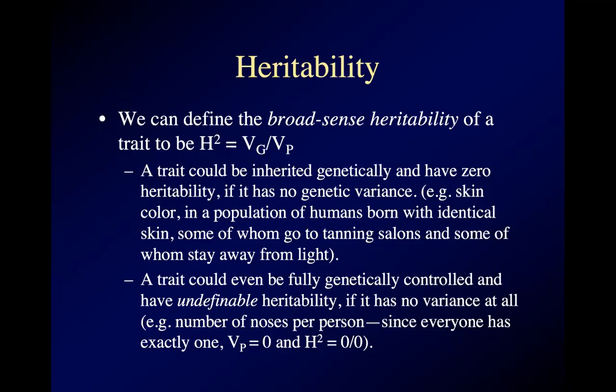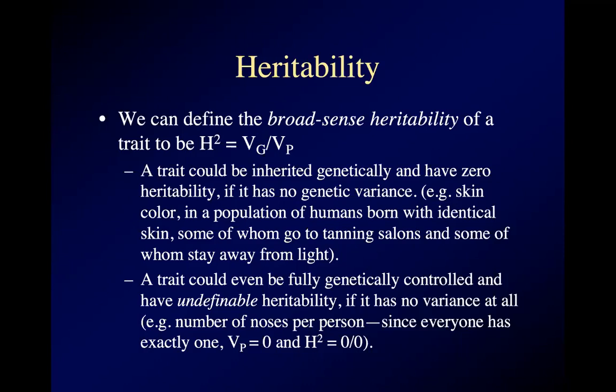We would have phenotypic variability in skin tone because some of these clones would be pale and some would be fairly dark, but we'd have no broad sense heritability because there would be no genetic variance, because clones aren't different from each other. That's a little weird thinking about clones of me, but you'll see an example of this sort of thing coming up, not done on humans.